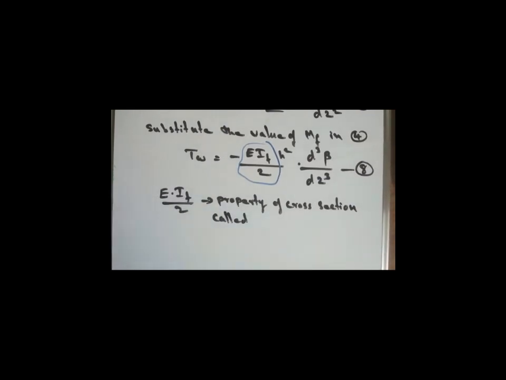Now we will call this the warping constant. The warping constant we will call gamma. Now gamma is equal to IF h squared divided by 2. This equation is called 9.